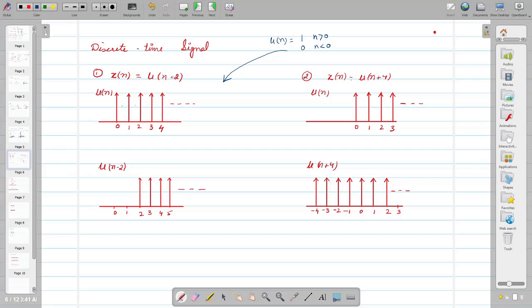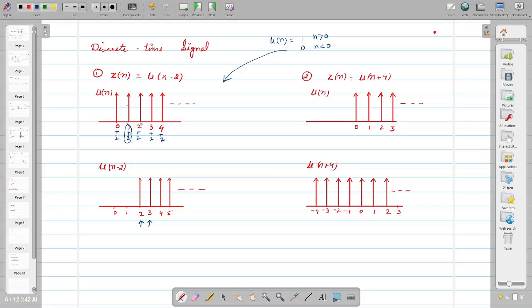It is minus, so it means we have to add +2 in all the points to get the mapped output. +2, +2, and +2, right? So we can correspondingly get the points. So this is 0 plus 2, it is going to be 2, so we started with the 2. It is 1 plus 2, so this point is located at 3.